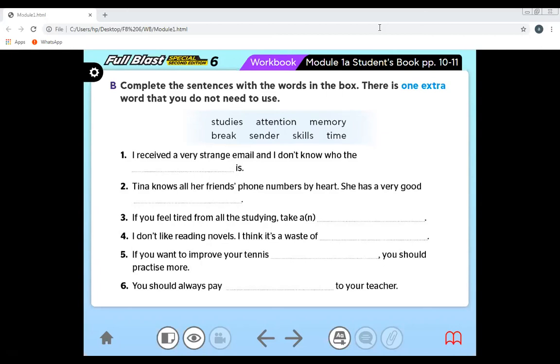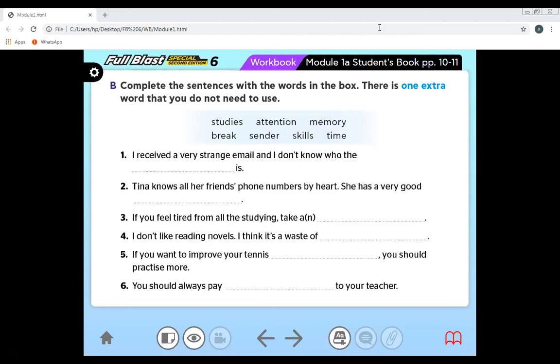Salma. I unmuted you. Can you read number 5? Salma, do you have your sheets? Okay, let's go to another one.